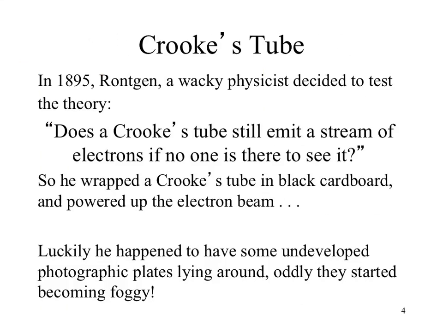He fired it up just to see what was going on. Luckily enough, depending on who you talk to, I'm sure the experiment was a little bit more scientifically based than this. He had some silver nitrate, so film paper, lying around at the end of this tube. And what ended up happening? That paper started actually changing colors. Everything was blocked off from this tube, so electrons couldn't pass through it.